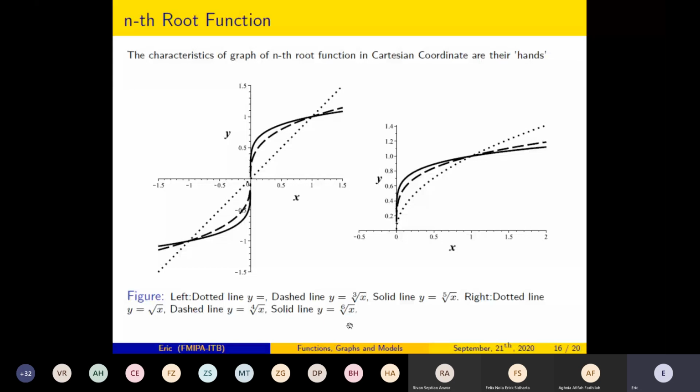Remember this is for even roots: 2, 4, 6. It is not defined for x negative, so you don't have a value for negative x. Different when you have the cube root. So this is the cube root, and this is the fifth root.